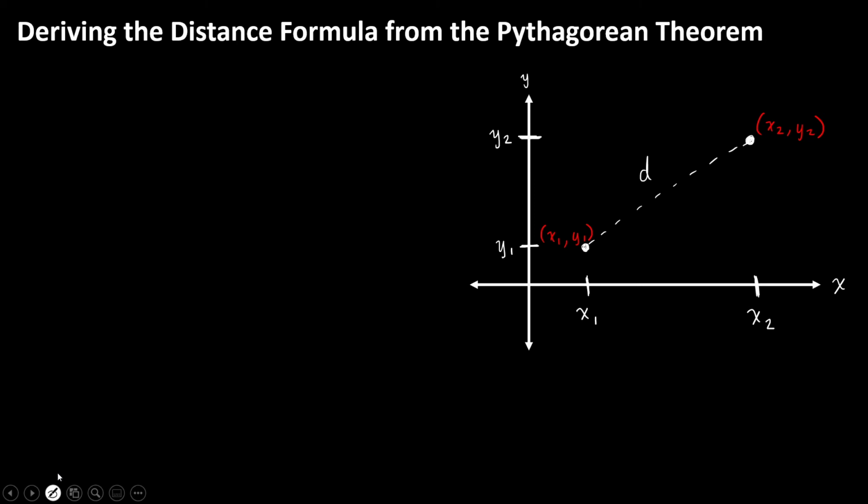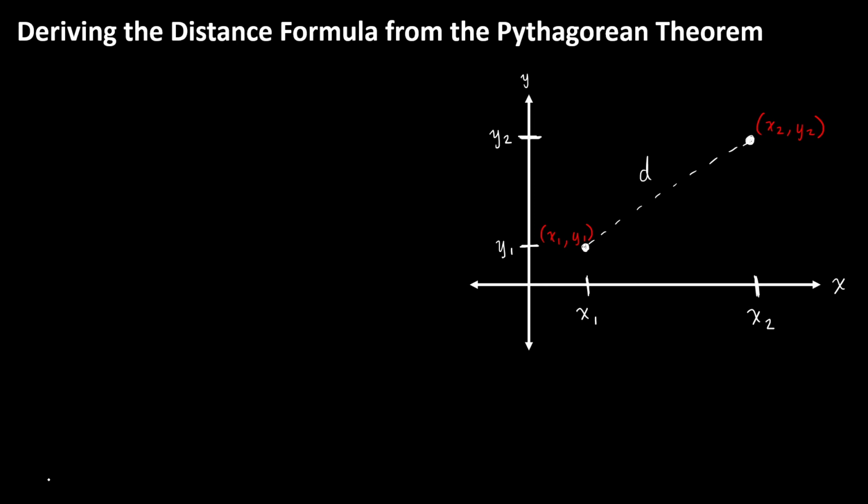So over on the right side of my picture, I have 2 points. Let's call the first one x1, y1, and that can represent any values for x and y. My second point is x2, y2. That represents, again, any values of x and y. And the distance between those points in a straight line is d.